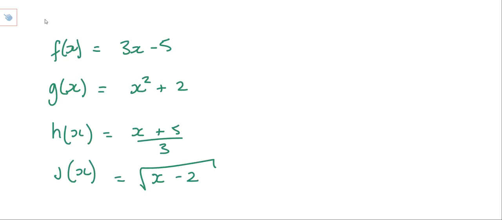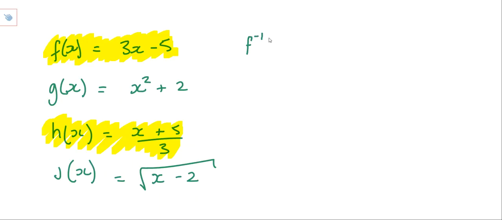But what I do know is that f of x links up with h of x. Why? It's the inverse. If I said the inverse function of this is actually the same thing as h of x, because we've got x's in there, we have to say it's the inverse function of x.